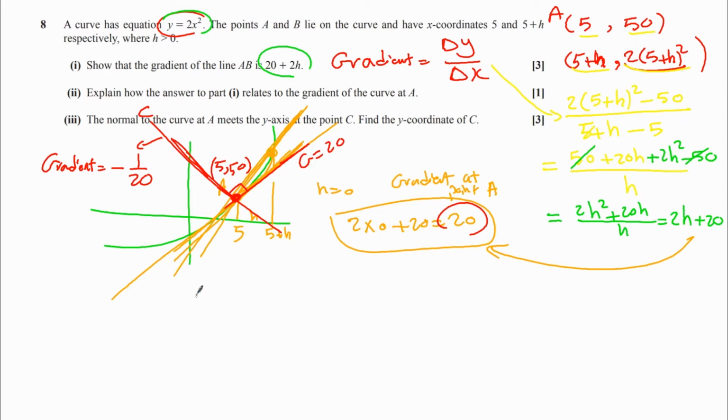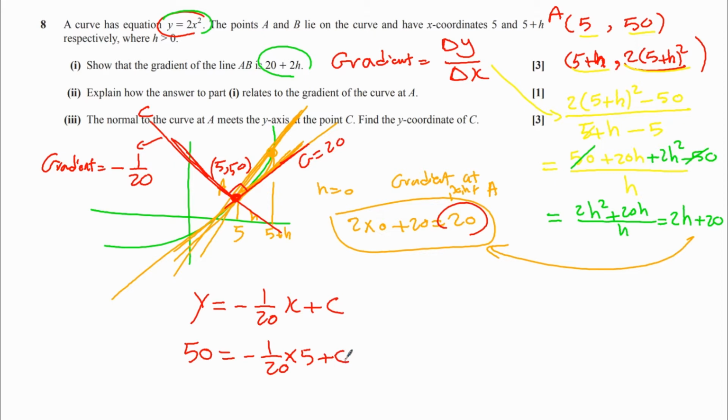So the equation of that line would be y equals minus 1 over 20 x plus c. To find c, we need to put 5 and 50 into this equation. So y would be 50 equals minus 1 over 20 times x, which is 5, so times 5 plus c.